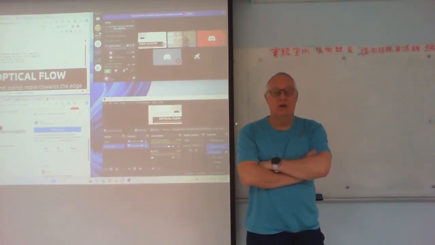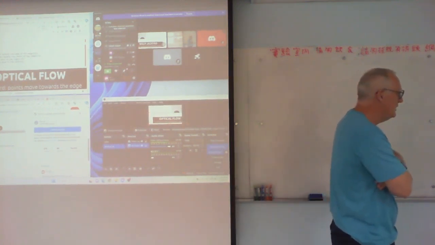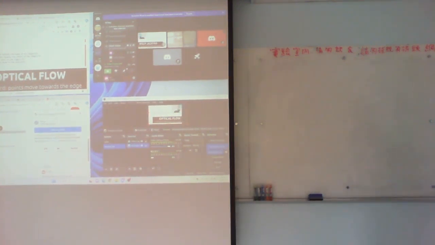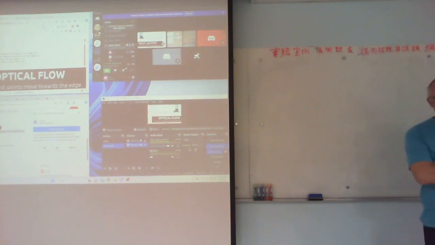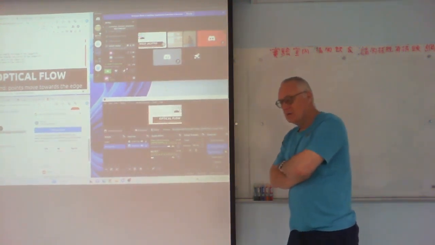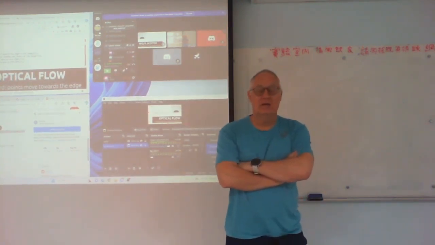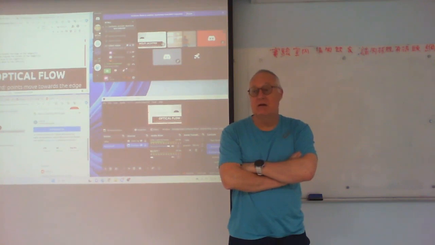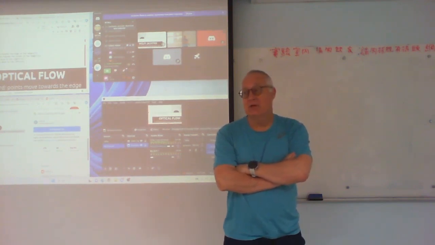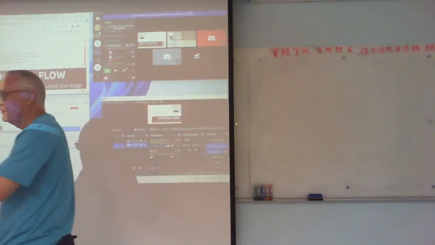Now, they all look for points that are unique within their local environment, that are invariant to rotation and invariant to changes in scale. Because if you have a robot and it moves around, then things are going to come closer, so it's going to zoom in.